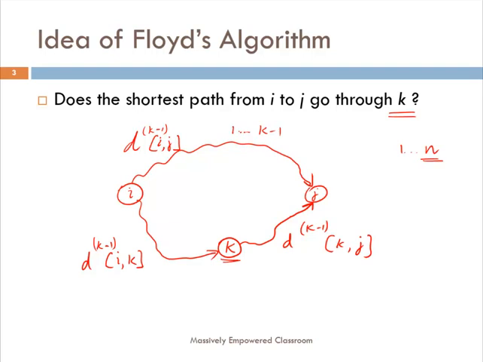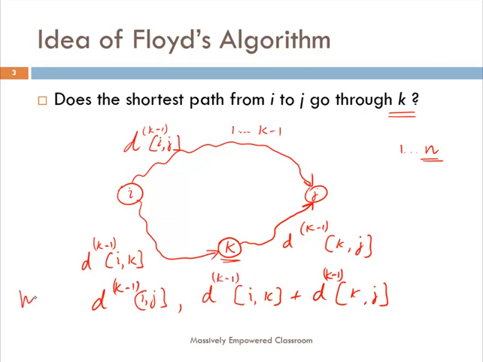So from this we can conclude that if d superscript k minus 1 i comma j is less than the sum of the other two, then that will be the shortest path. If the sum of these two is shorter than the distance in the other path, then that will be the shortest path. So what we do is we take the minimum of the two, the minimum of d i to j and d i to k plus d k to j. Both of these are superscript k minus 1.